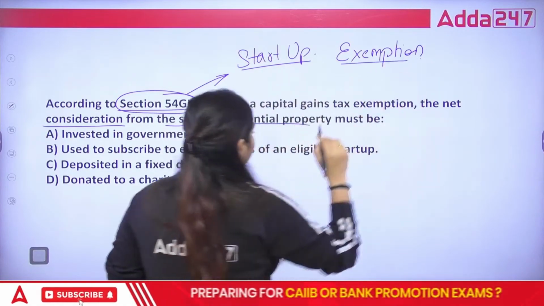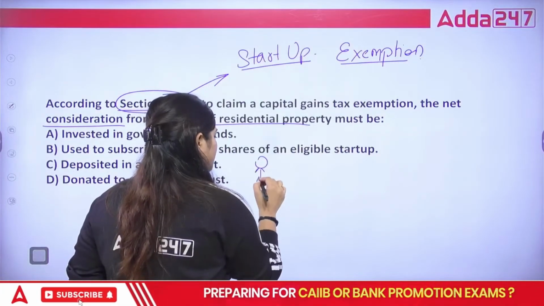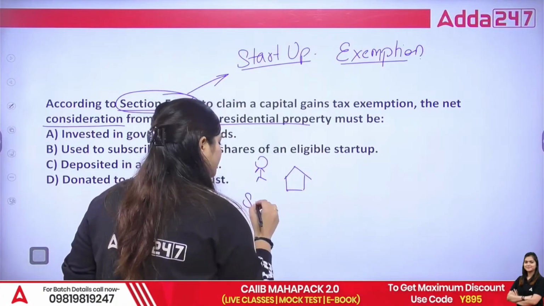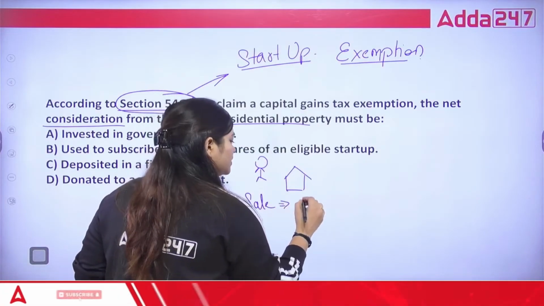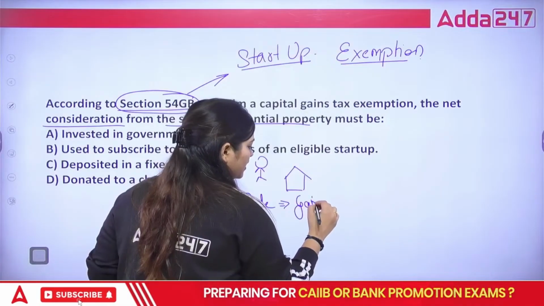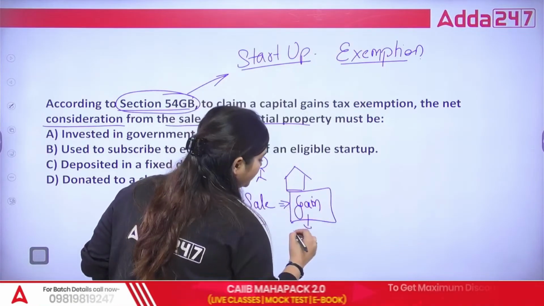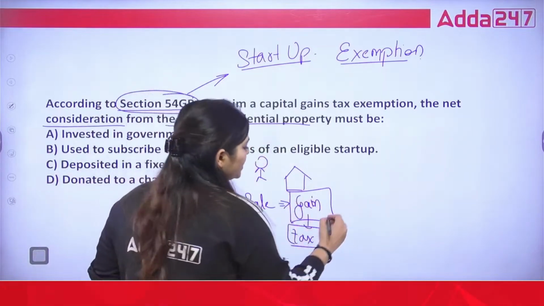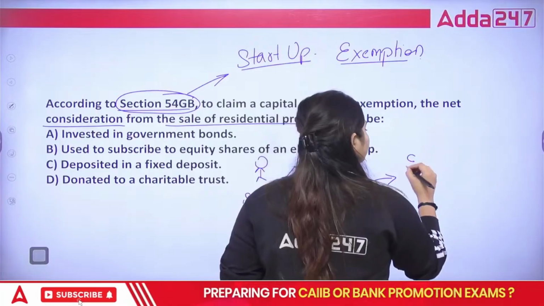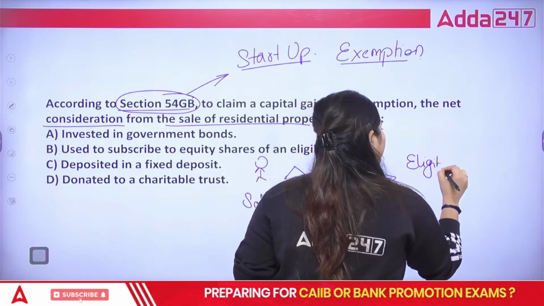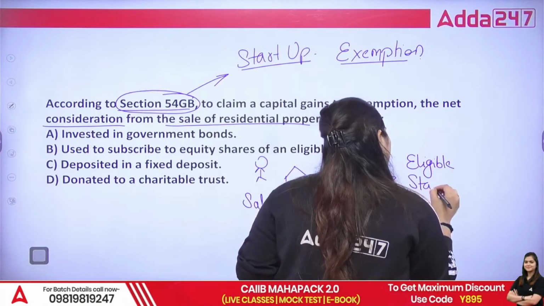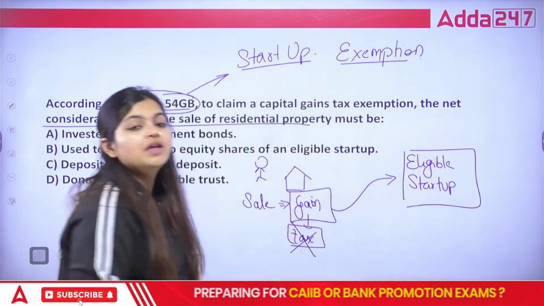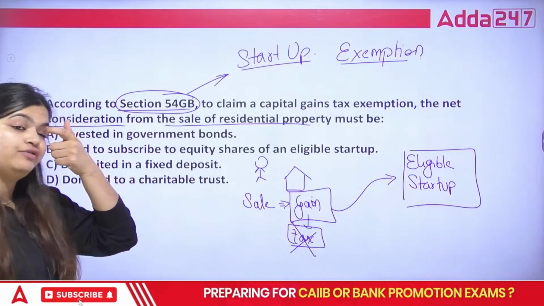So what exemption are they getting here? See, if you are an individual holding one residential property and you sell this residential property, and if you see any gain, you need to pay tax on that particular gain. But if you invest this gain in some eligible startups, you can get an exemption from this tax. This is what is given under section 54GB.